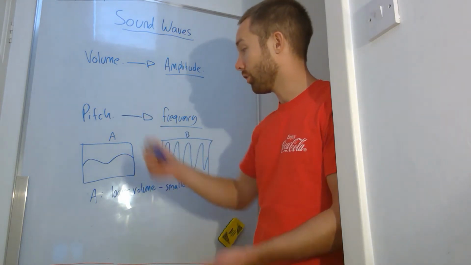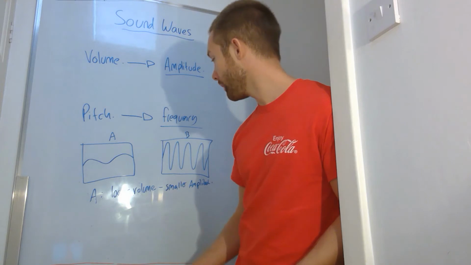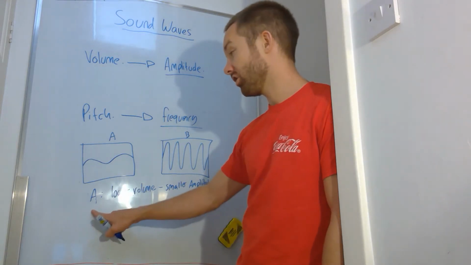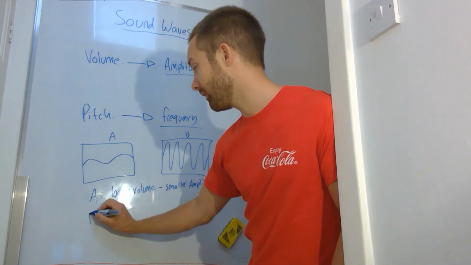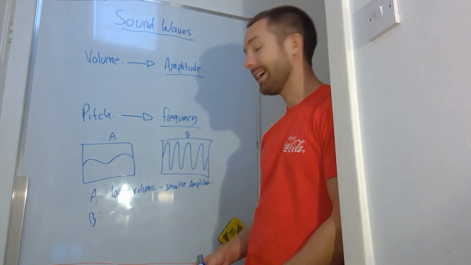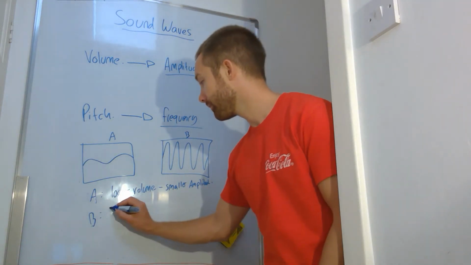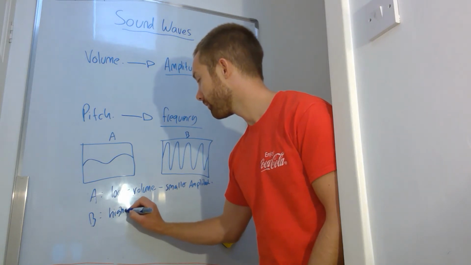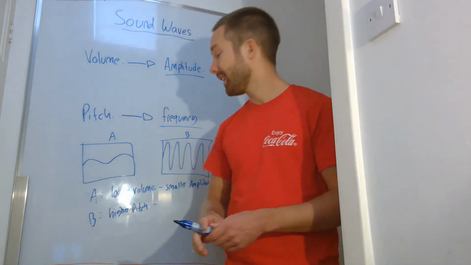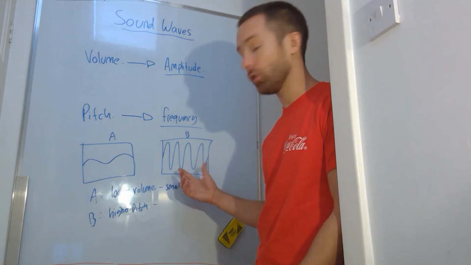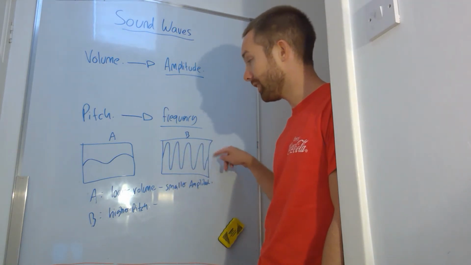The other thing we're going to do is talk about pitch. So we can then say, and you could say again about A compared to B, but I'm going to write it as B this time. I'm going to say B has a higher pitch, and we know that because it has a higher frequency, or because there are more waves in the same amount of time.